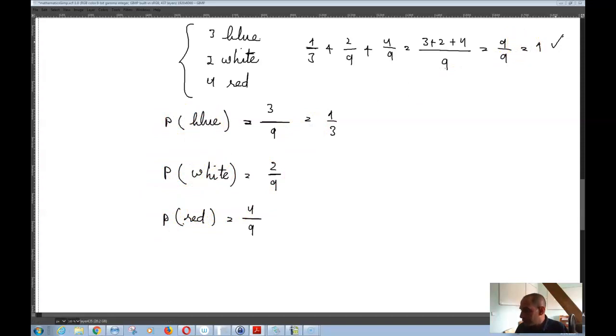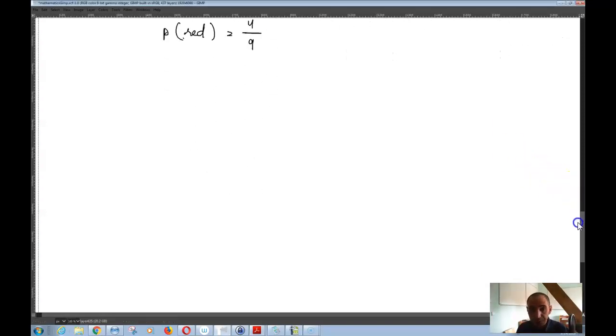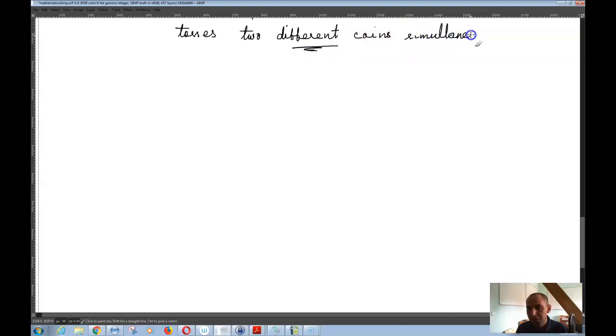Now the next question that we have here is: Harpreet tosses 2 different coins simultaneously. So Harpreet tosses 2 different coins simultaneously, and that's basically 2 different coins.